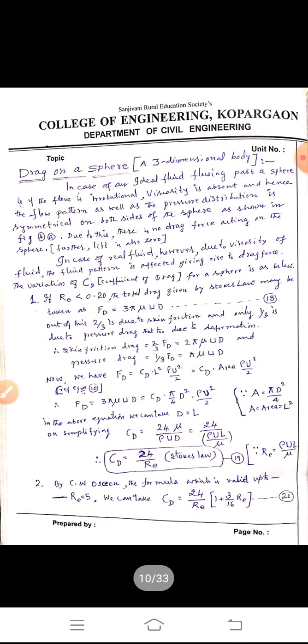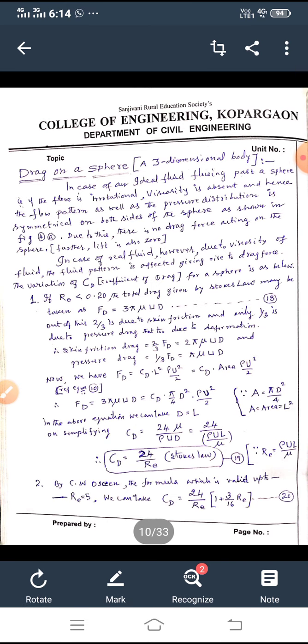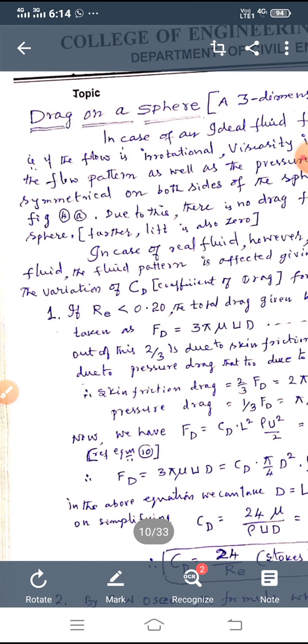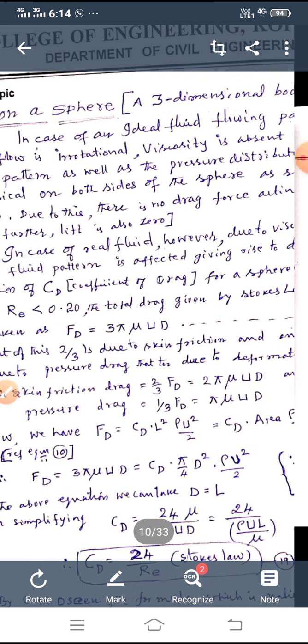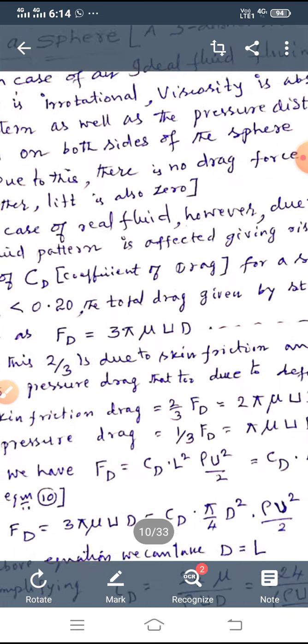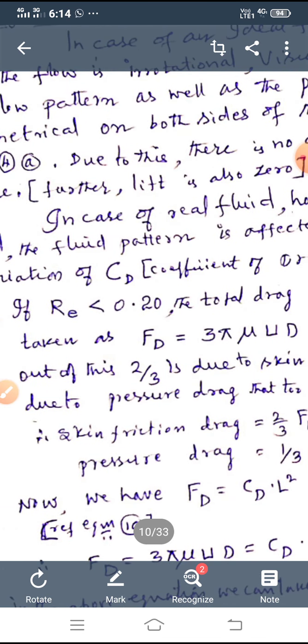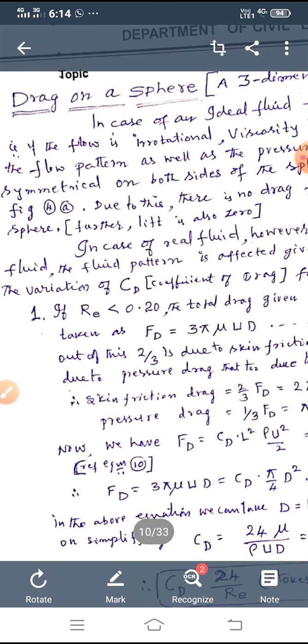However, in case of a sphere as well as a cylinder, the variation of CD, which depends on Reynolds number Re, will be different. Hence, we will study both the cases separately. In case of a real fluid, for a sphere, the coefficient of drag CD depends upon the value of Re.